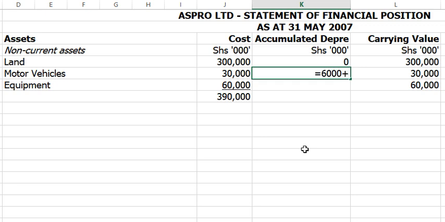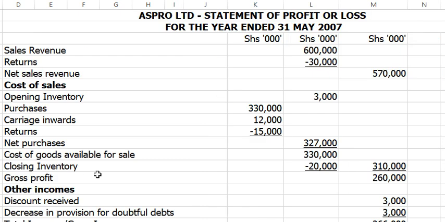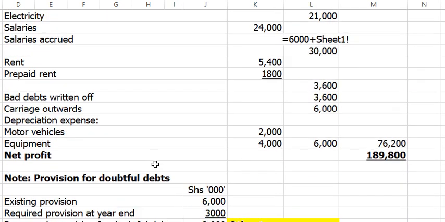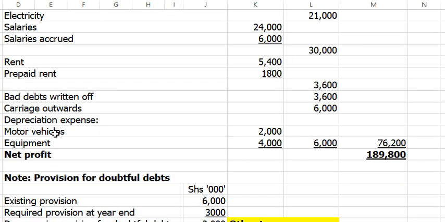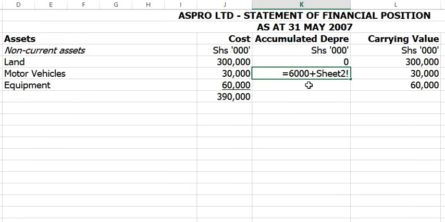Then plus the charge in the income statement. The depreciation expense on the motor vehicles in the income statement is 2,000. So the balance brought down plus 2,000, the charge in the P&L, we get the depreciation of 8,000, meaning that the carrying value of the motor vehicles is 22,000.